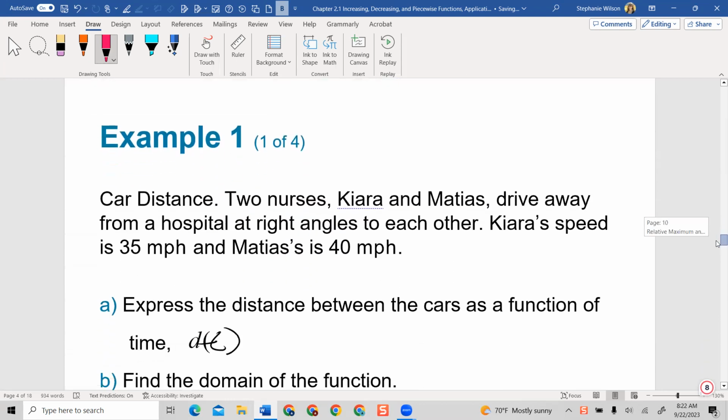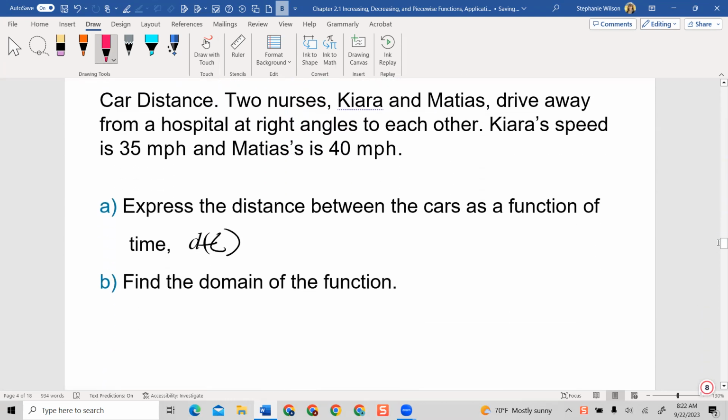Okay, so let's do this first example. It says that we have two nurses who leave work at the same time, and they make a right angle when they leave because they go different directions to go home. A right angle tells me that I'm going to have a 90-degree angle between them.